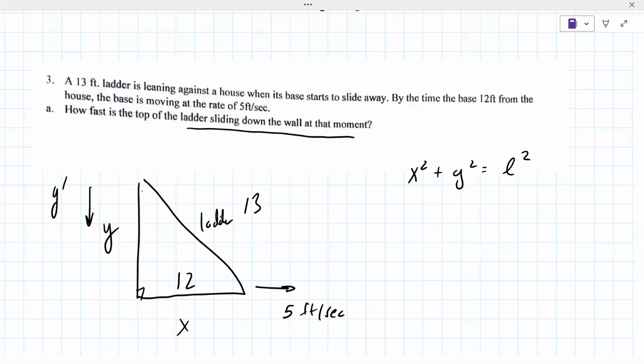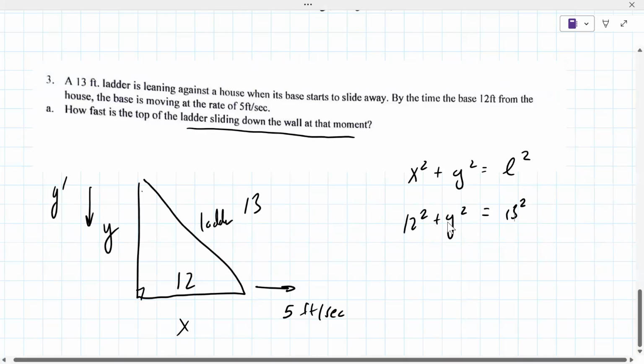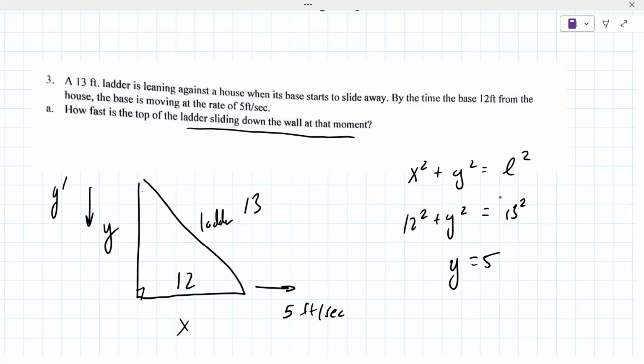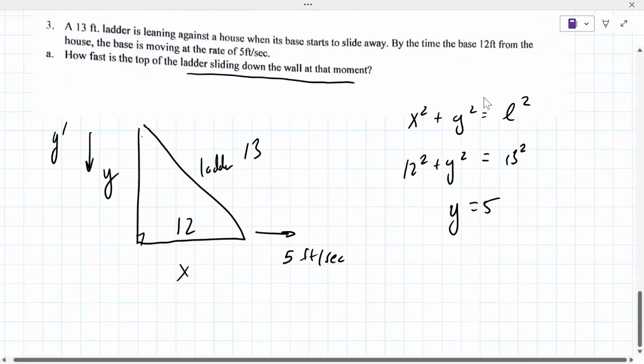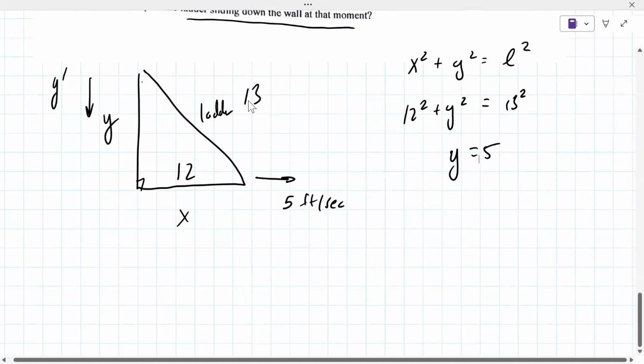We can use that to solve for y. Is that something you need help with? No. Okay, so y ends up being 5. It's a Pythagorean triple.